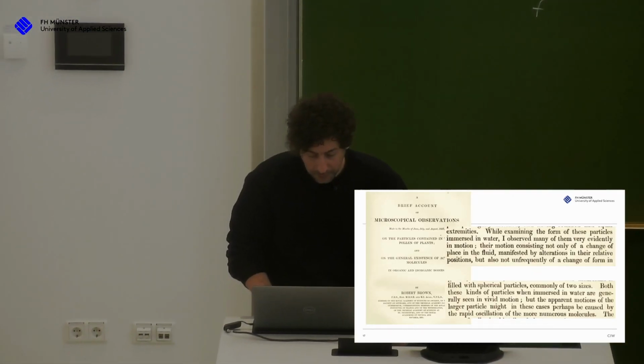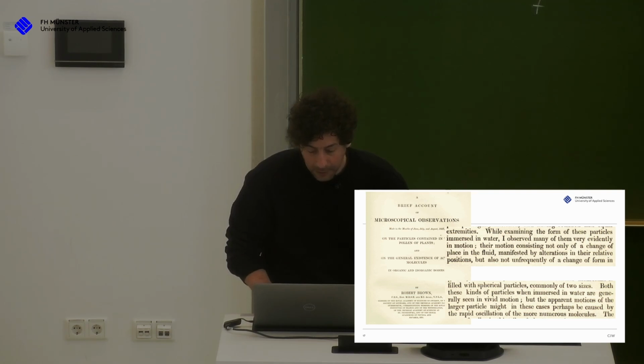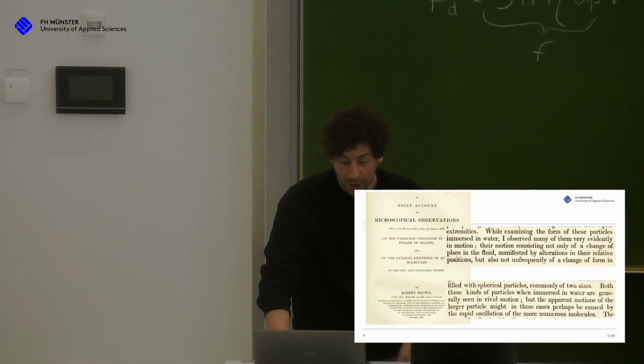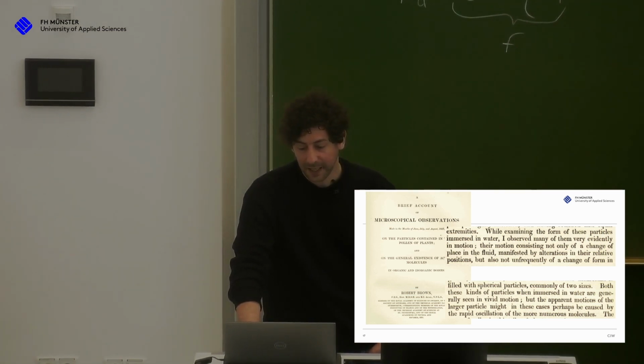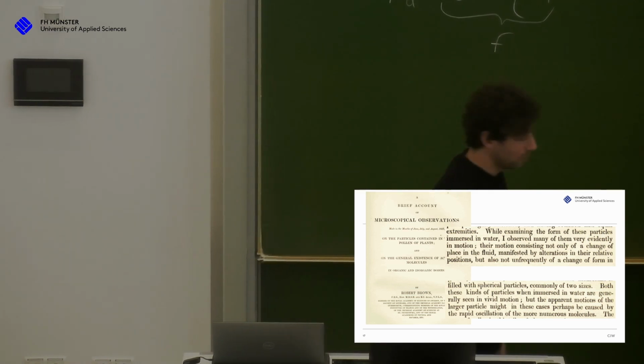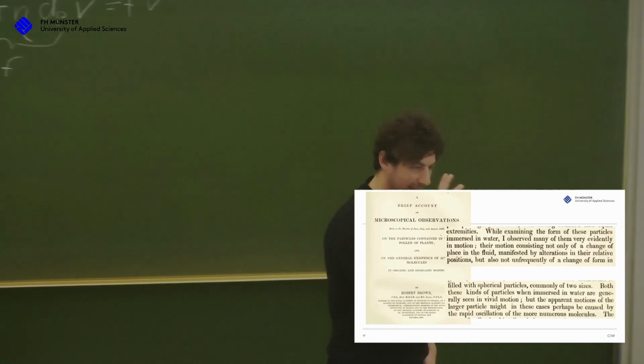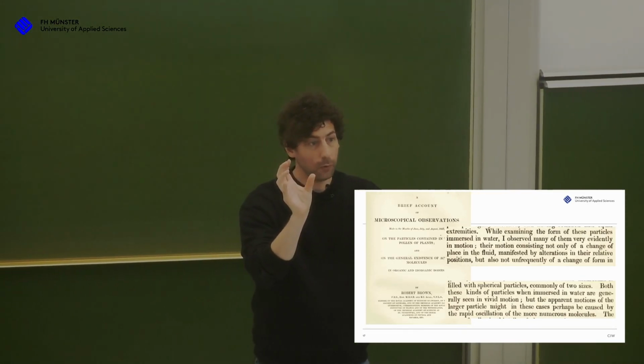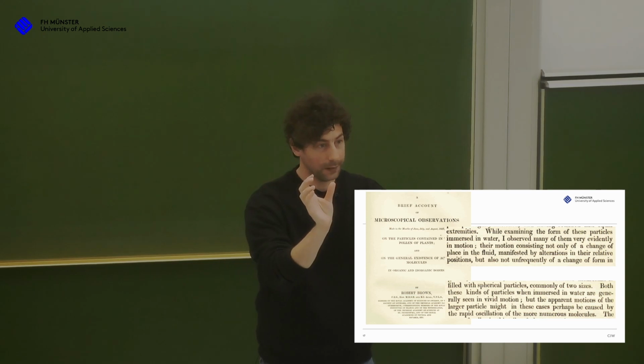So, and then he was saying both these kinds of particles, when immersed in water, are generally seen in vivid motion, but the apparent motion of the larger particles might in this case perhaps be caused by the rapid oscillation of the more numerous molecules. So what he's saying here is that he said, okay, I have big particles and I have smaller particles, and the small ones kick the big ones, okay?